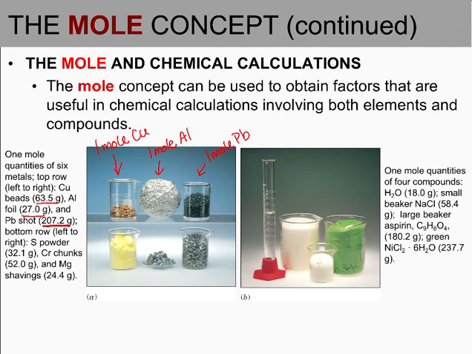So down below we have a 1 mole sample of sulfur, a 1 mole sample of chromium, and then a 1 mole sample of magnesium. So all of these different samples contain Avogadro's number of atoms.